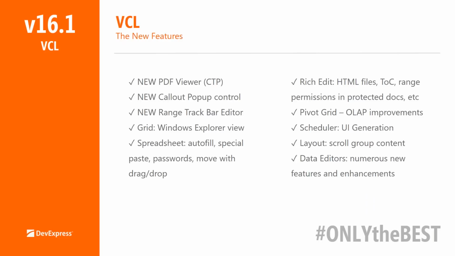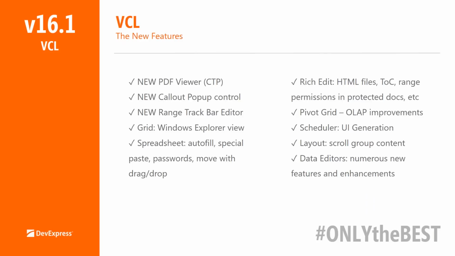Spreadsheet, lots of changes here, all the way up to the finish line. We've been adding autofill for cells, special paste features, passwords, allowing your users to move cells with drag and drop. There's also import and export of clipboard data into Excel.